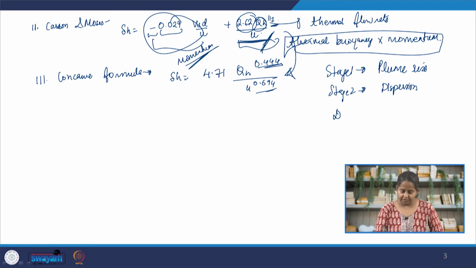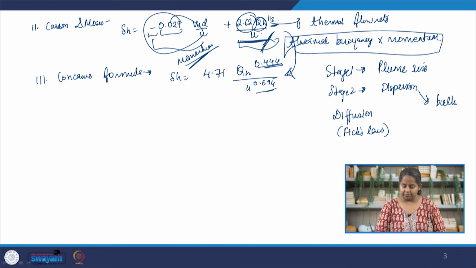The first is diffusion, which is because of random molecular motion, the Brownian motion, and the net effect of the random Brownian motion is movement of molecules from higher concentration to lower concentration, against the concentration gradient, and we are going to use Fick's law for this. And then, we have bulk action. In case of air pollutant, bulk action will happen because of wind. In case of a chimney, the wind will take the smoke downwind. If you add the diffusion and bulk action, what you get is dispersion.